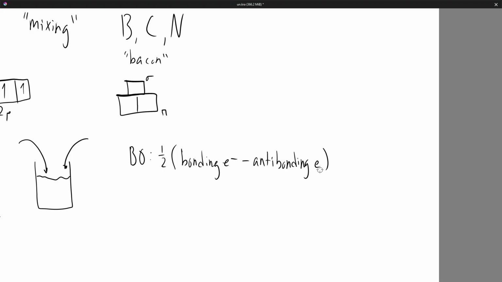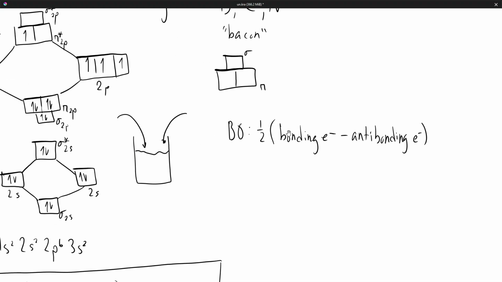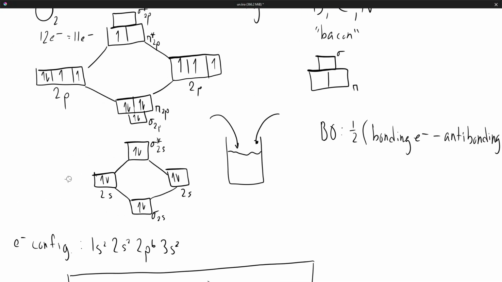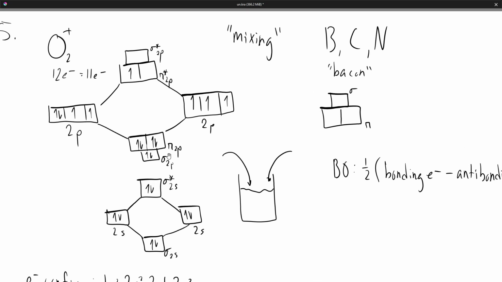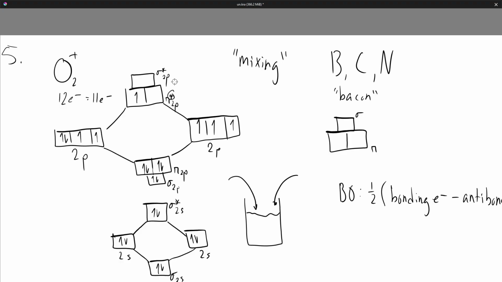Bonding electrons are the ones on the lower half of this orbital diagram, so the ones from the sigma 2s, sigma 2p, and pi 2p. Basically, the ones that don't have this star next to them. The ones with the star next to them are anti-bonding.